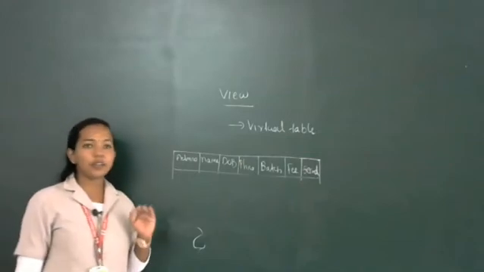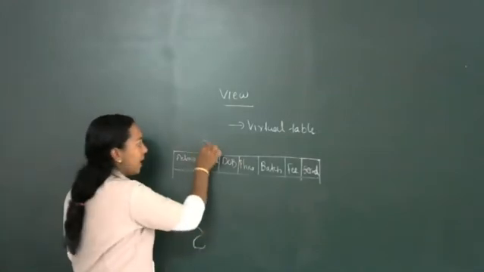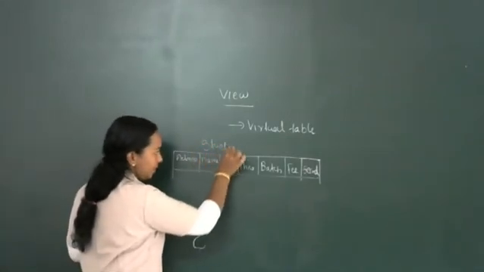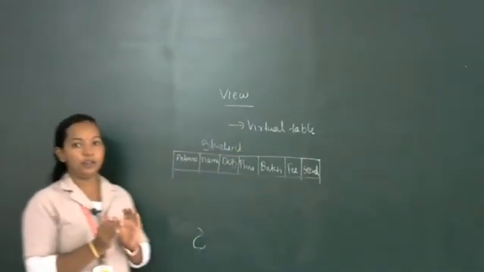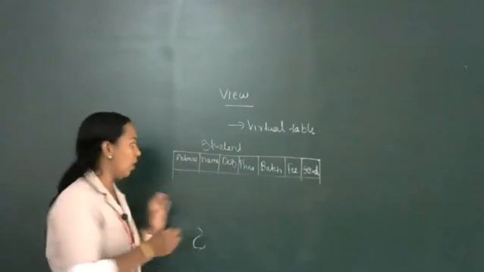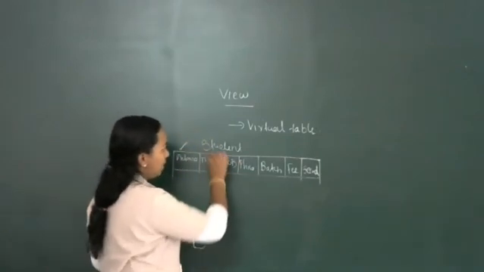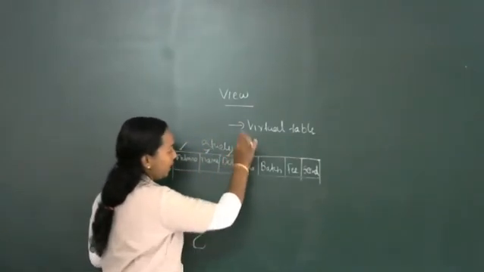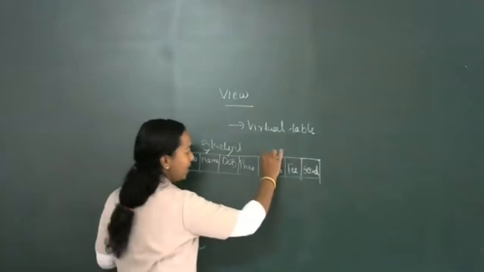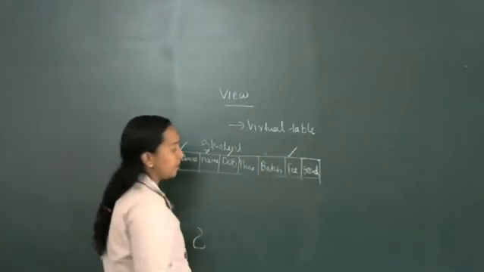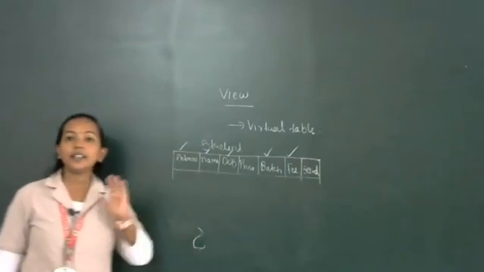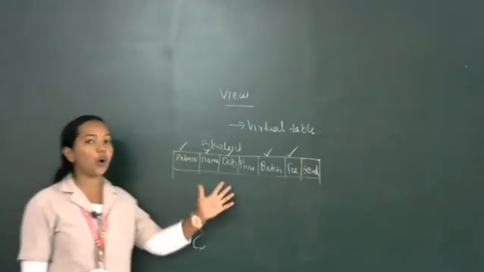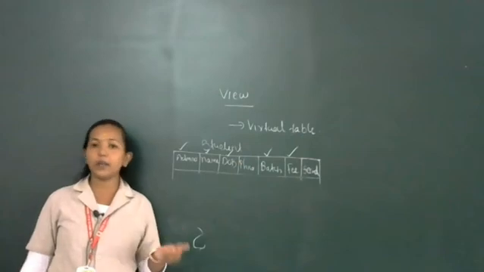Then suppose I want to select from this table, named student, only some of the columns, like admission number, name of the student, date of birth, batch and fee details. Only these 5 columns I require for my particular operation.